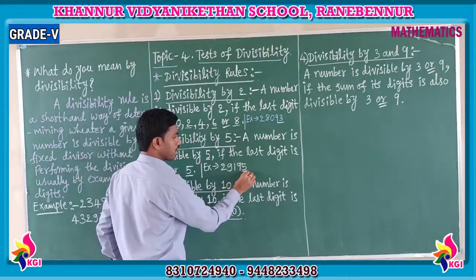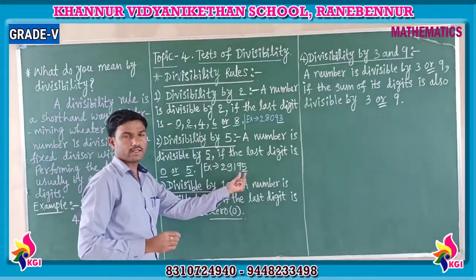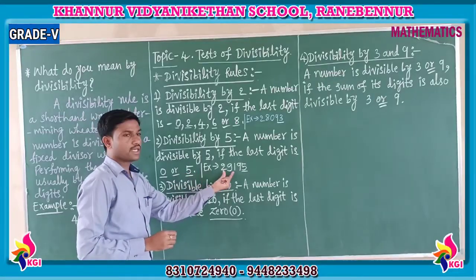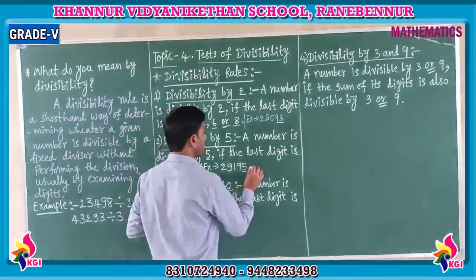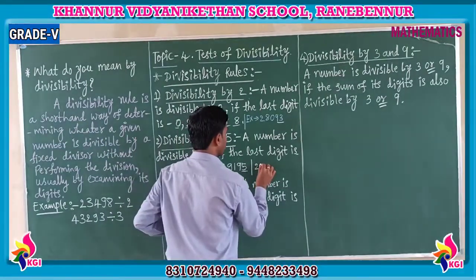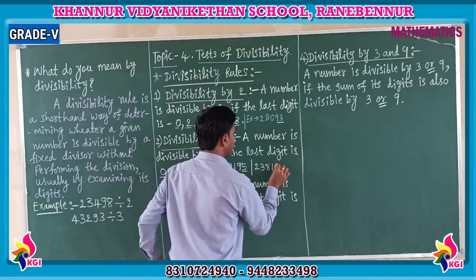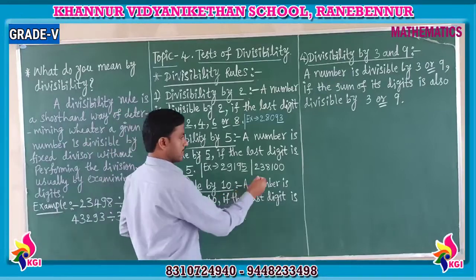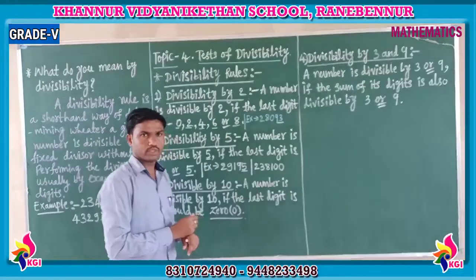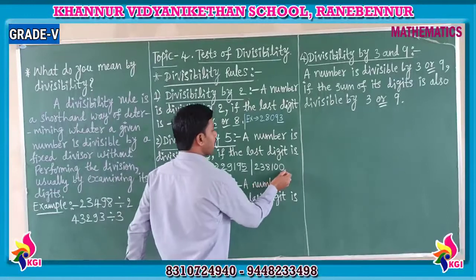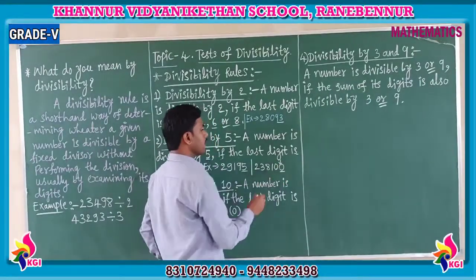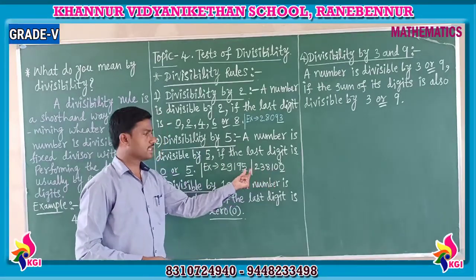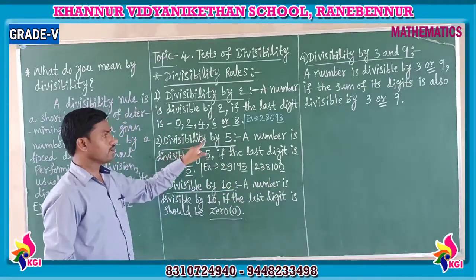In the ones place, the last digit is 5, so it is divisible by 5. Or next, 2,38,100. Is it divisible by 5? Yes, of course, because in the last digit 0 is there. So 2,38,100 is divisible by 5.